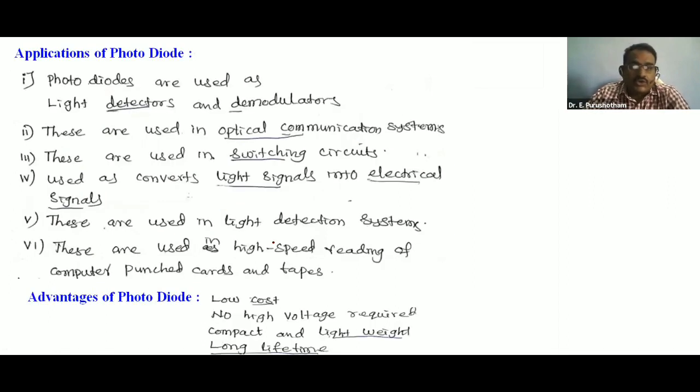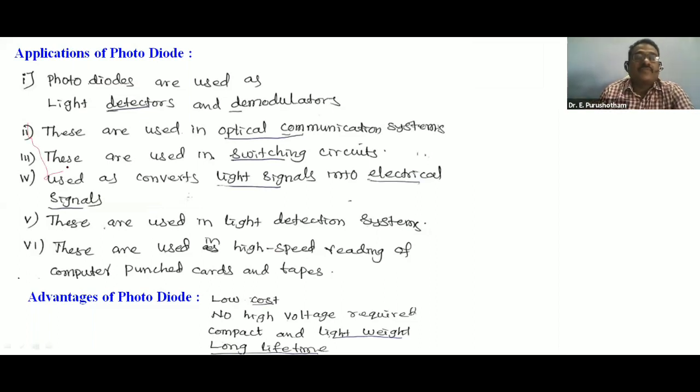Applications of photodiode. Photodiodes are used as light detectors and demodulators. Photodiodes are used in optical communication systems. LEDs are also used in optical communication systems and switching circuits.